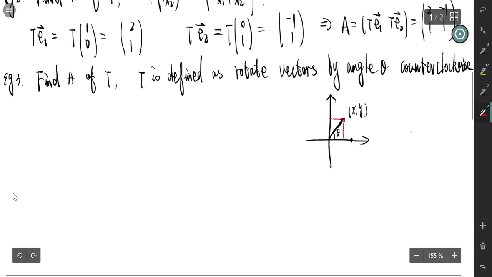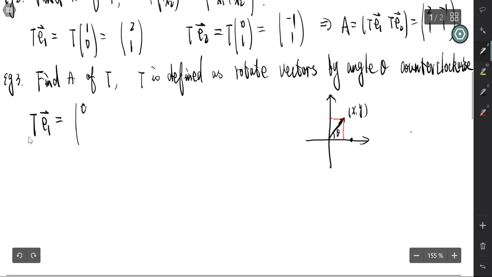By the definition of the trigonometric ratios, the x coordinate of Te1 is the length times cosine theta.